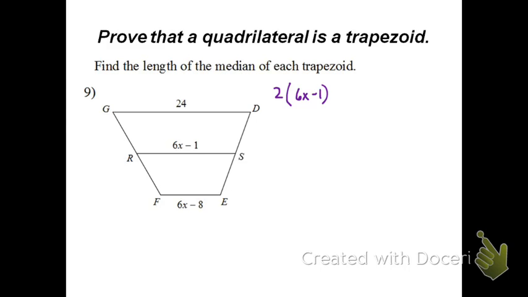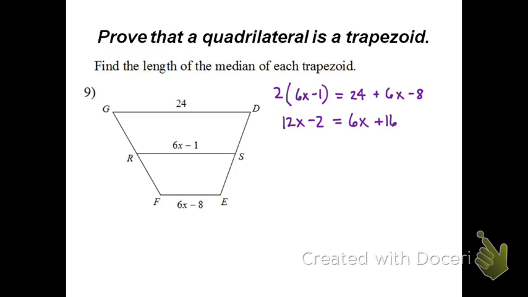Okay, and that's equal to the sum of 24 plus 6x minus 8. Alright. Solve-a-rooney. 12x minus 2 is equal to 6x, 24 minus 8? Aha, 16.